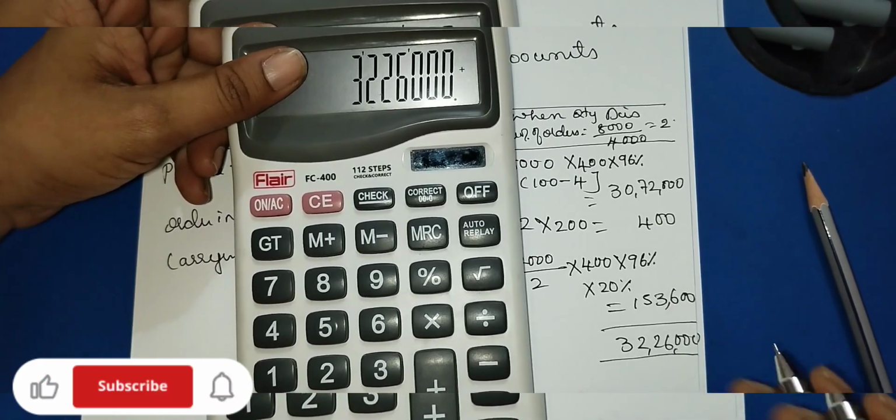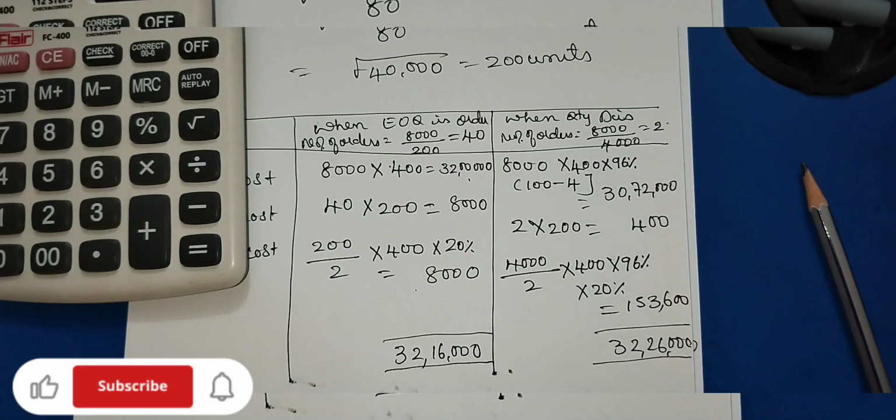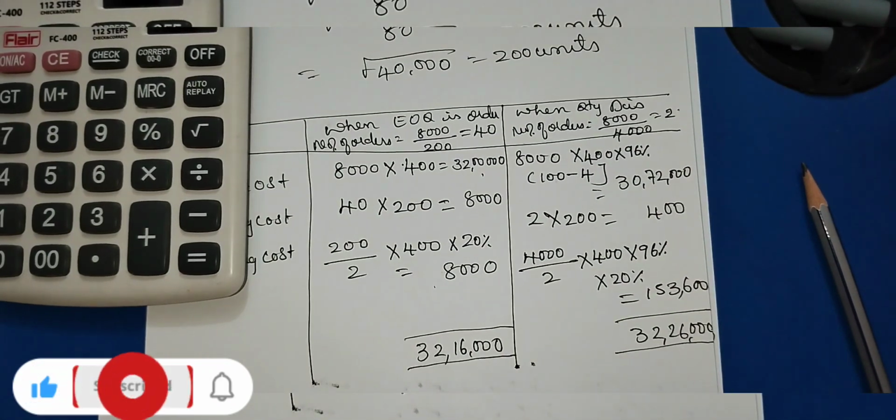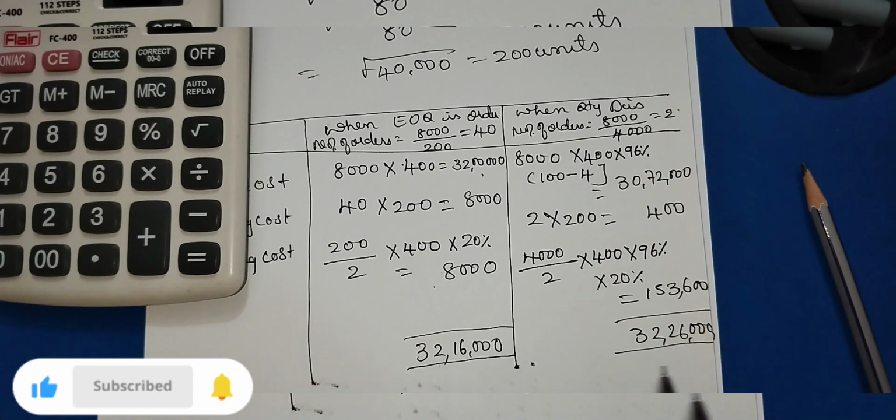Now which is the best method, comparing the discounted order and normal EOQ order? Normal EOQ order is best. Company can adopt normal EOQ order, because compared to the discount option, here the total cost is less.